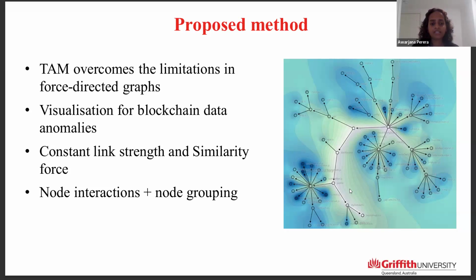Like I said, there are two main forces acting on TAM called link strength and similarity force. In my application, I've kept the magnitudes of these two forces constant. I'll explain that later on. Due to the color mapping techniques and force-directed graph theory, TAM provides a clear visualization, representing node interactions and node clustering clearly.